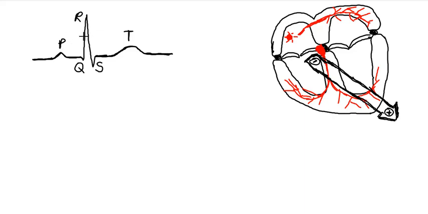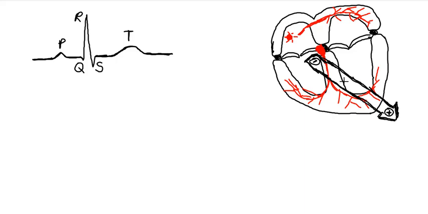So this is the electrical representation of one complete heart cycle, and this here is the conduction system of the heart. This big arrow, well, this is what this lecture is all about. This is the axis of the cardiac vector.